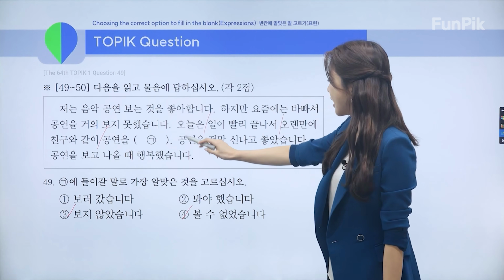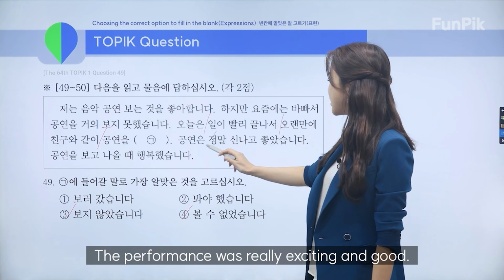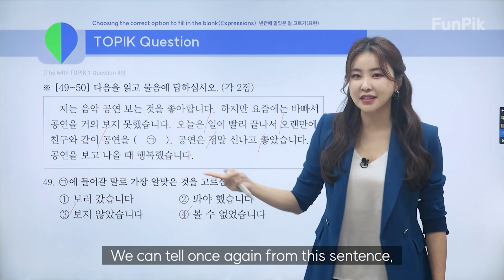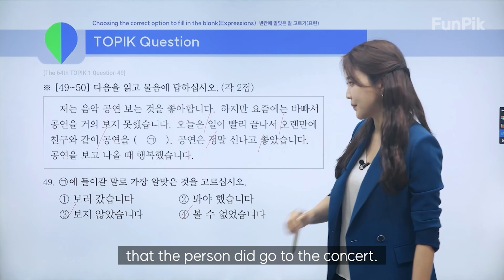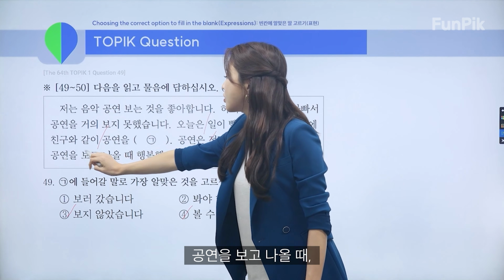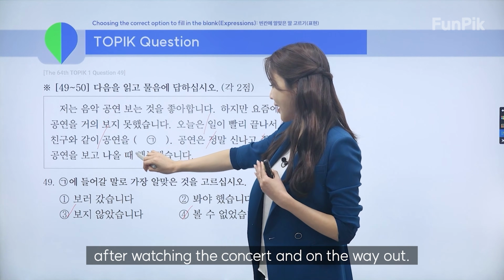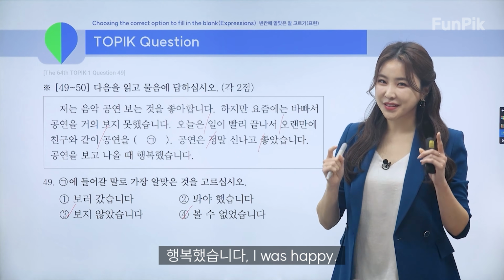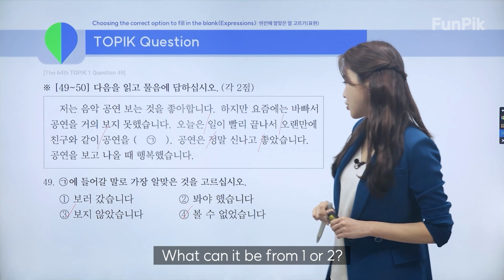We've already done this. 공연은 정말 신나고 좋았습니다. The performance was really exciting and good. So we can tell once again from this sentence that the person did go to the concert. And the final one. 공연을 보고 나올 때, after watching the concert and on the way out, 행복했습니다. I was happy.